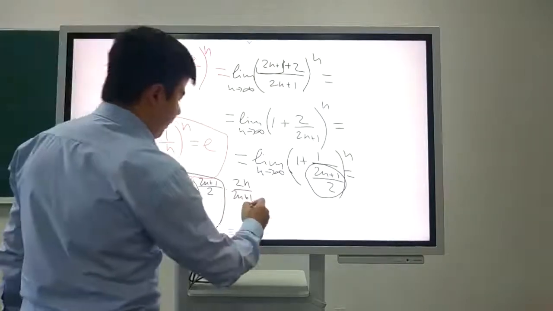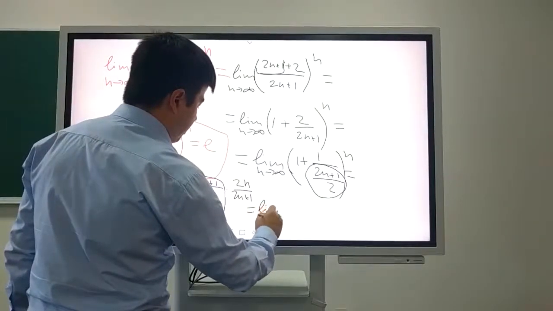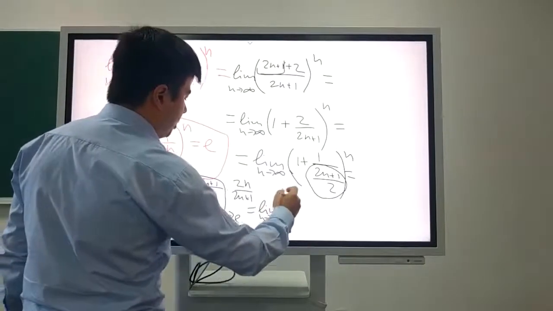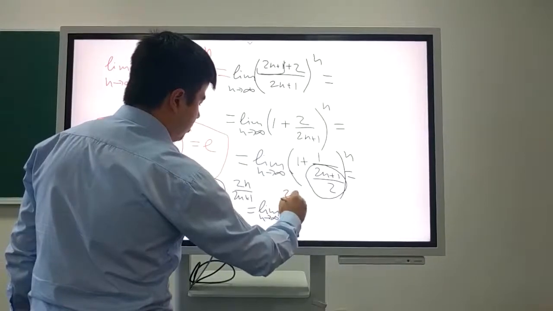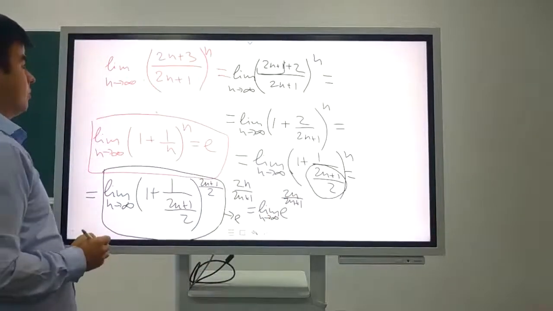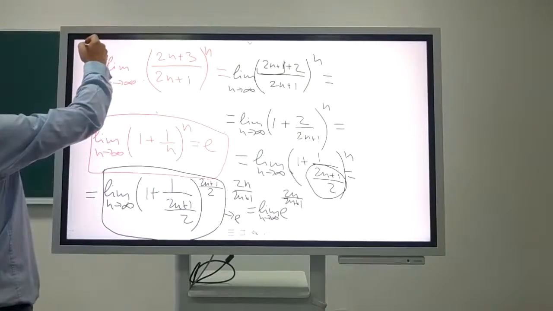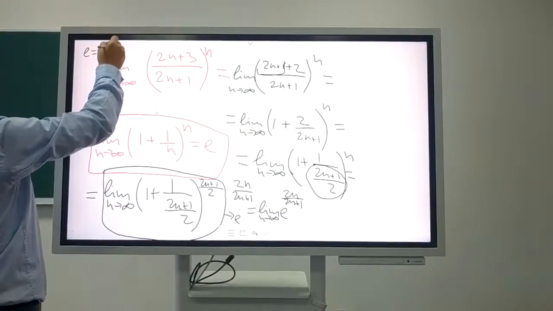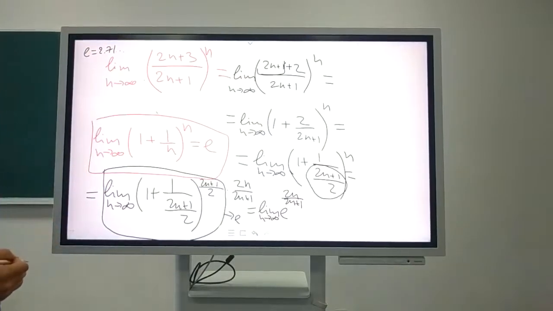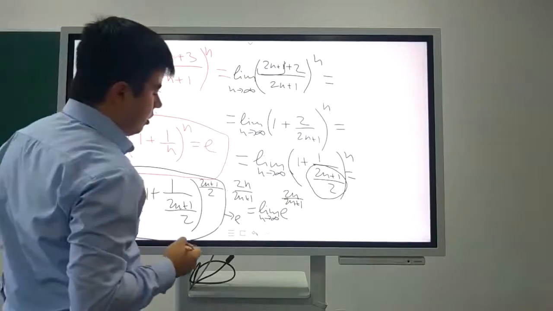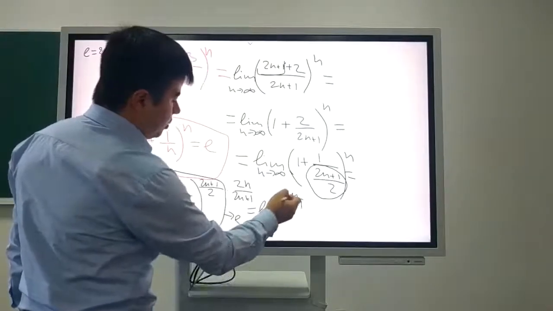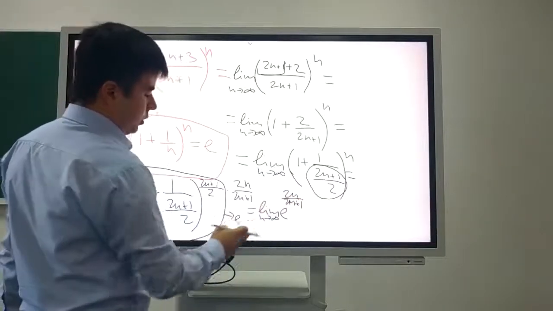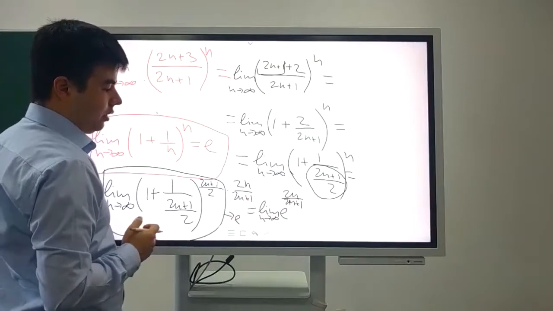But we have the limit n tends to infinity. This goes to e, with the exponent power 2n over 2n plus 1. You know, e is the exponent. It is equal to 2.71, etc., like the number pi. So here we have 2n over 2n plus 1, and we can calculate this power also when n tends to infinity.